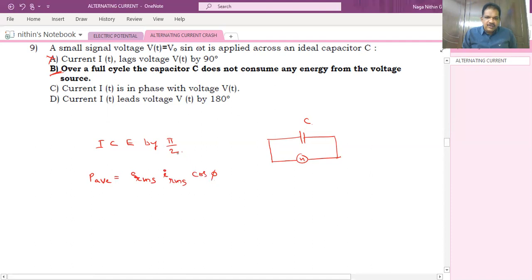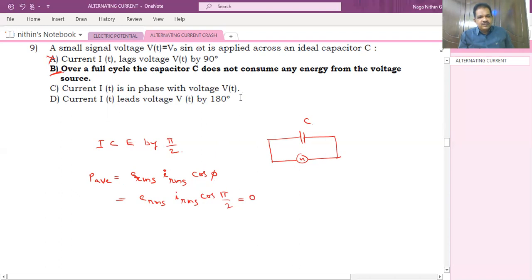This phi value will be equal to pi by 2. So cos pi by 2 will be 0. So this value ERMS IRMS cos pi by 2 is equal to 0. That's why it won't consume any power or any energy.